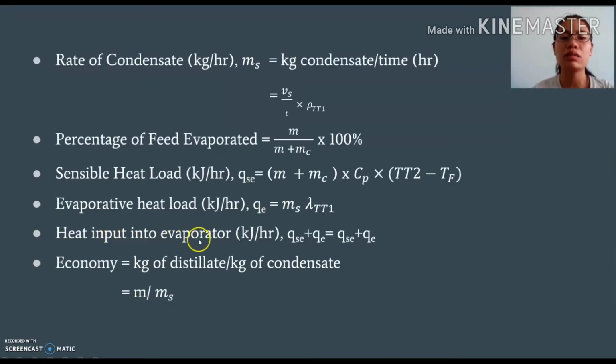And next, heat input into the evaporator will be the sum of sensible heat load and the evaporative heat load. And last but not least is the economy, which we calculate by dividing mass of distillate by mass of condensate, because economy is basically how much steam we require to evaporate the water.